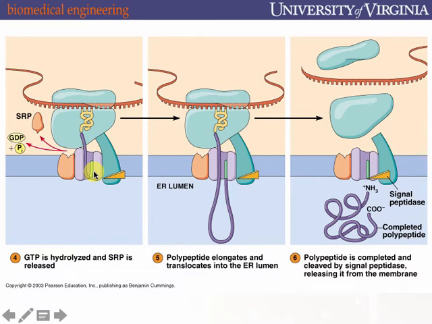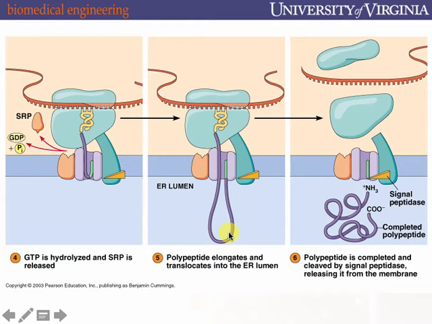The signal sequence is retained in the pore protein, as shown here in the green, as the ribosome continues to translate the rest of the polypeptide. It's threading the translated polypeptide through the pore protein into the lumen of the ER. Translation, translation, translation. When it encounters a stop codon, release factor, disassembly of the ribosome, the polypeptide is all the way inside.